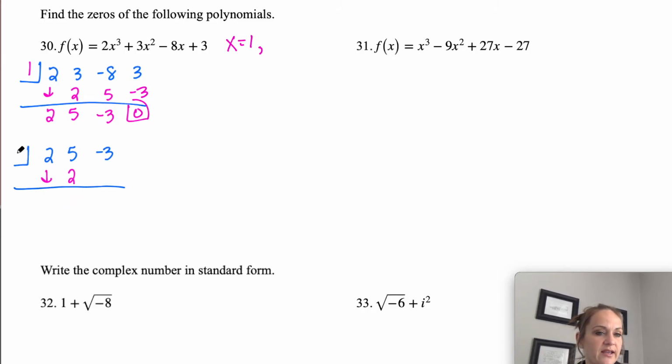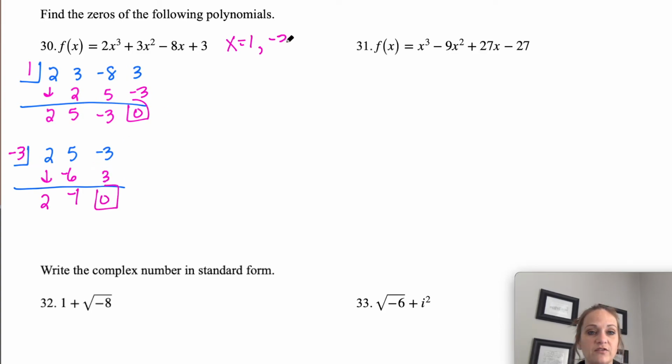I could try a 2. Bring down the 2. That will give me a 4. That will give me a 9. That's 18. Nope, that will not work. I'm going to try a negative 3 then. Bring down the 2. That'll give me negative 6, negative 1, positive 3, and it actually worked.